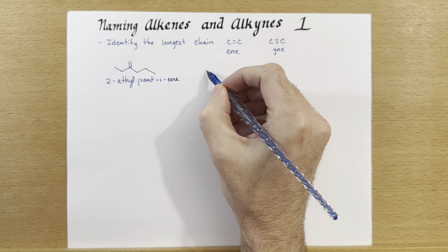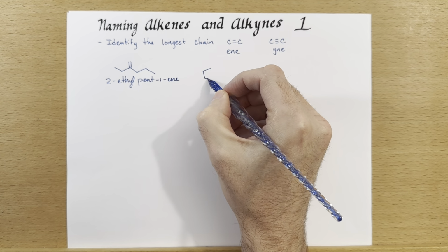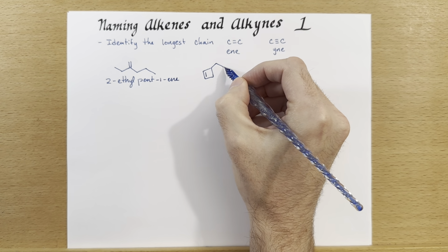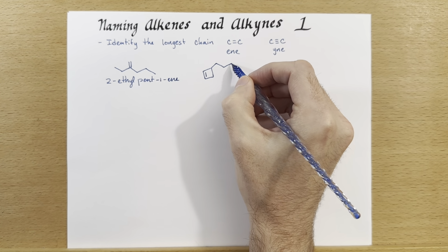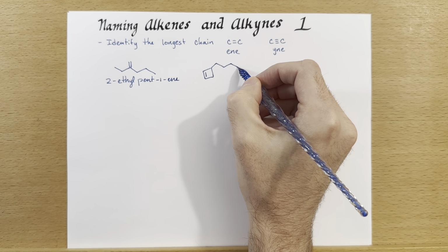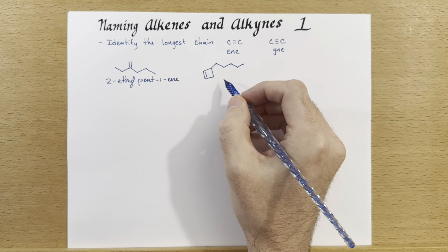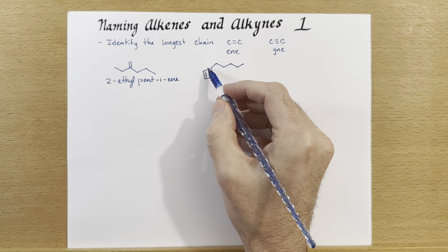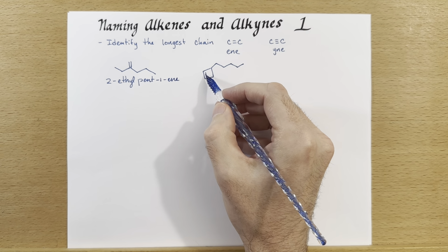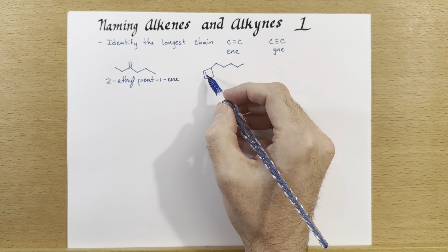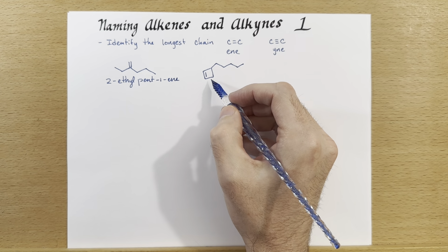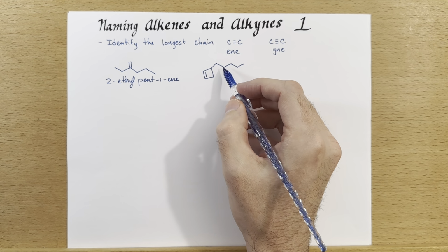Let's look at another example. So we have a cyclobutene right here, because there's a double bond in here. Not very good for ring strain, but you can make this.